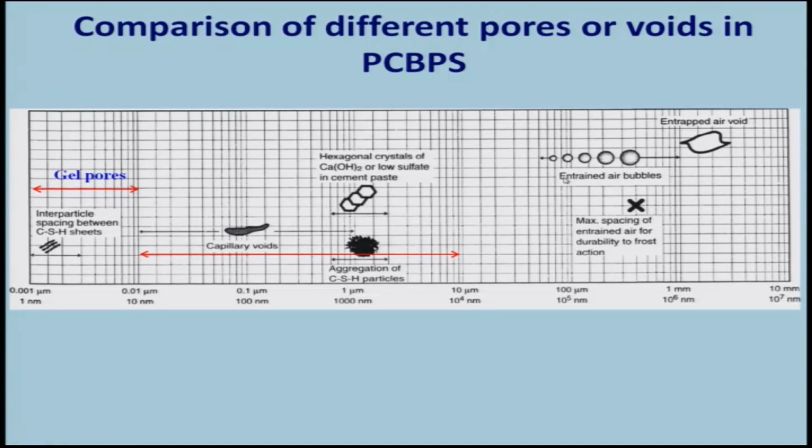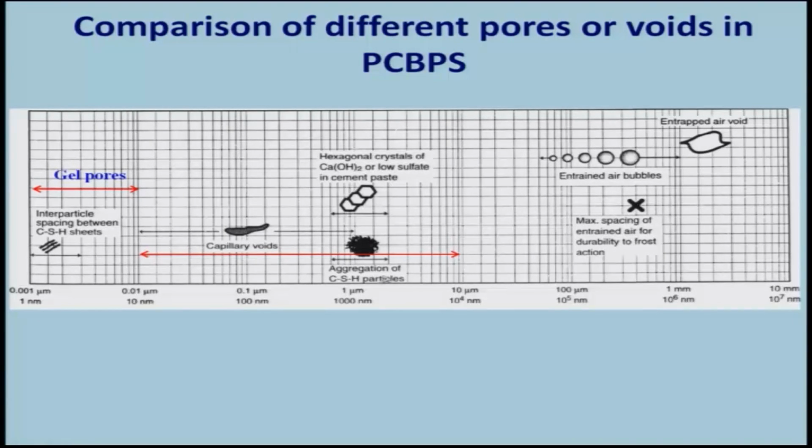In addition to these voids, other information about the size is also given. For example, if you take the interparticle space between calcium silicate hydrate sheets, that is again within the gel pore range. And if you take the hexagonal crystals of calcium hydroxide, it is somewhere between 0.6 micrometer to about 6 micrometer.